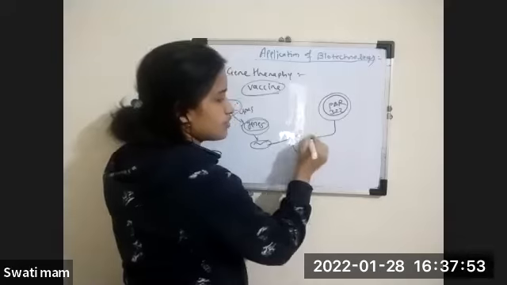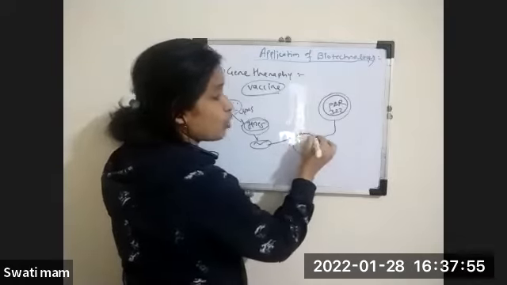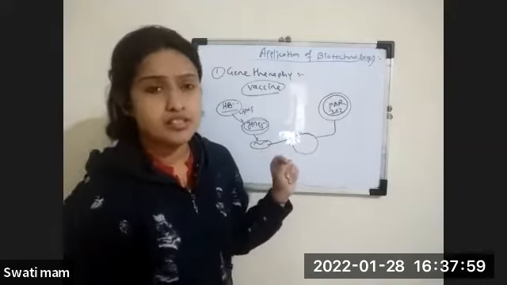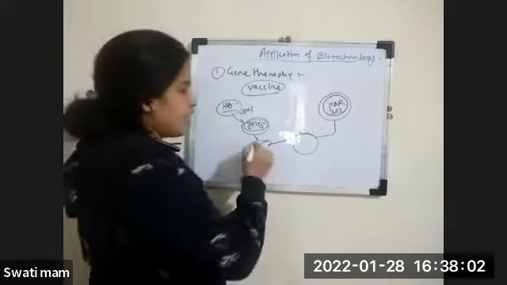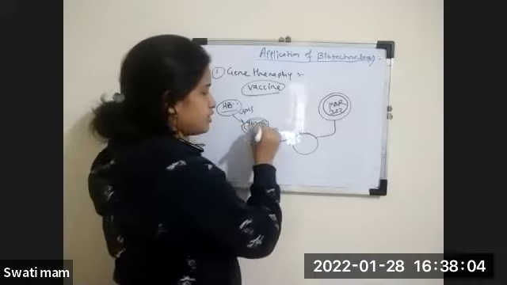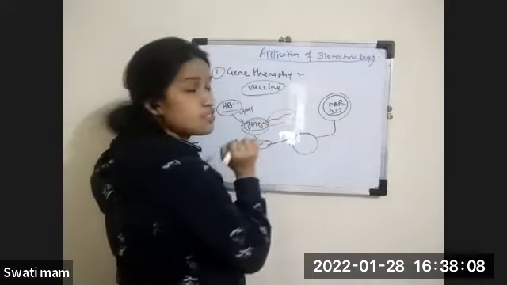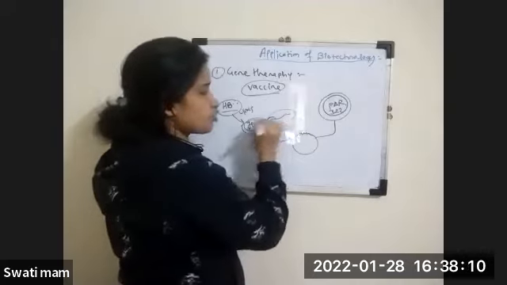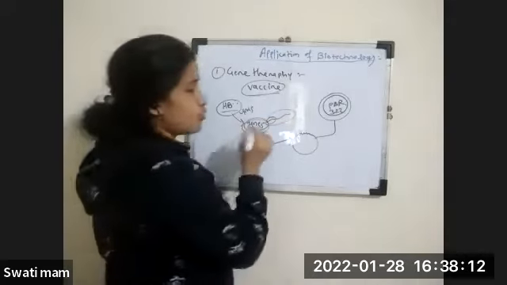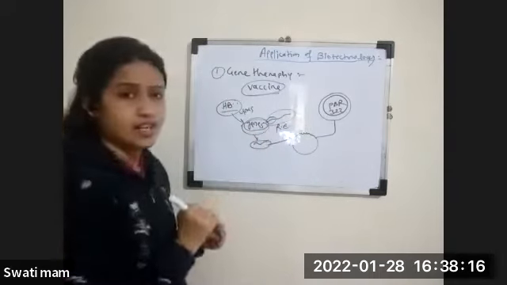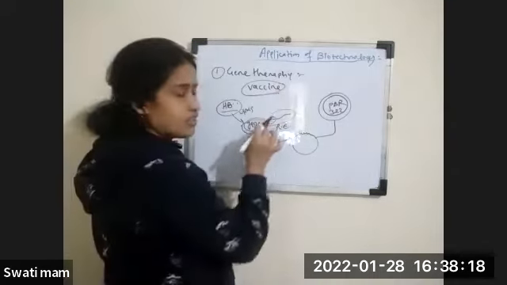This vector is already cut by the enzyme restriction endonuclease. And here also the gene is a long chain, but we don't require this long chain, we just need this short fragment. So by the use of restriction endonuclease enzyme, we cut that DNA fragment.